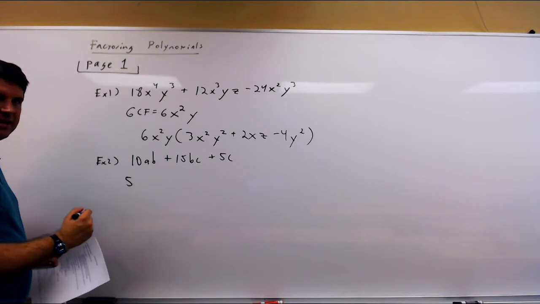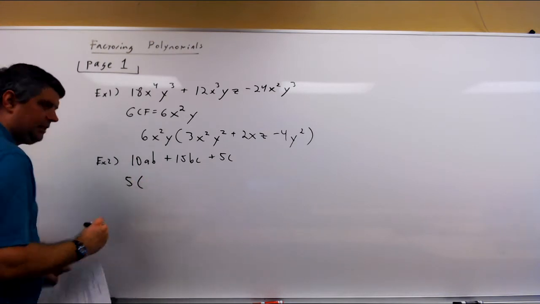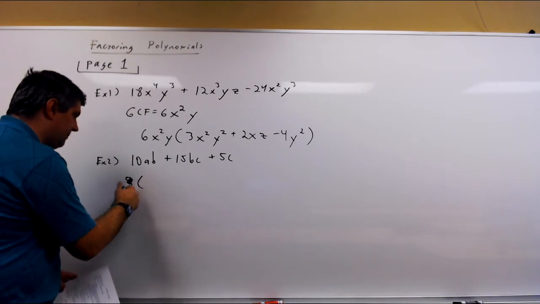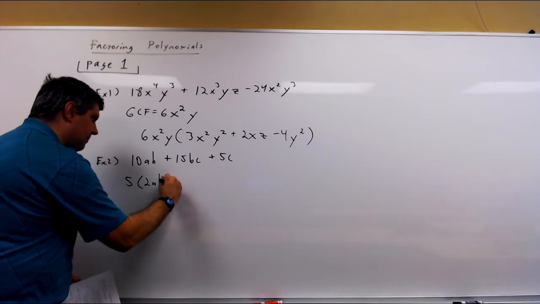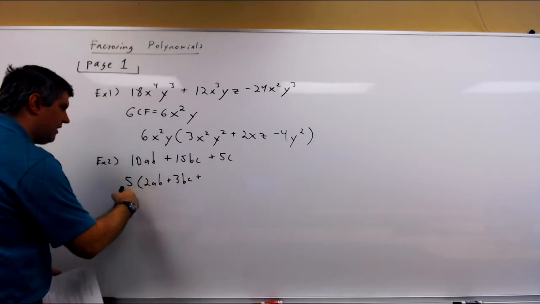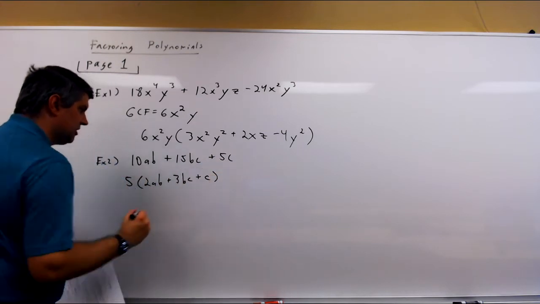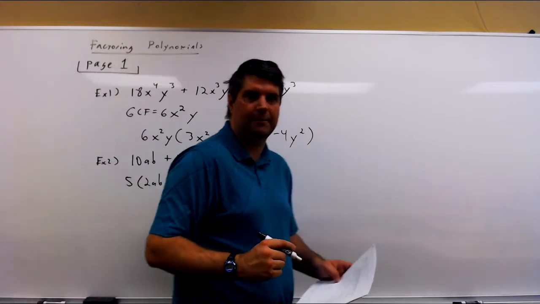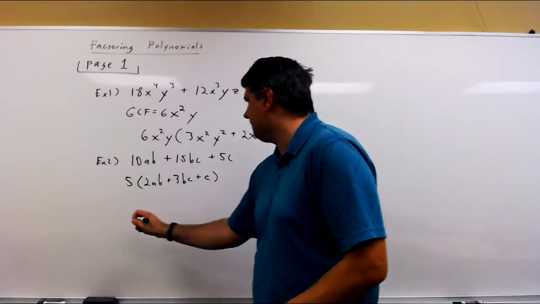So the greatest common factor is 5, and 5 only. So I'm dividing everything by 5. 2ab plus 3bc plus 5c divided by 5 is 1c, which is just c. Okay?